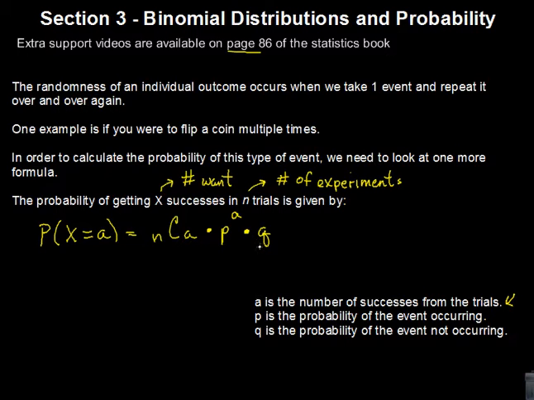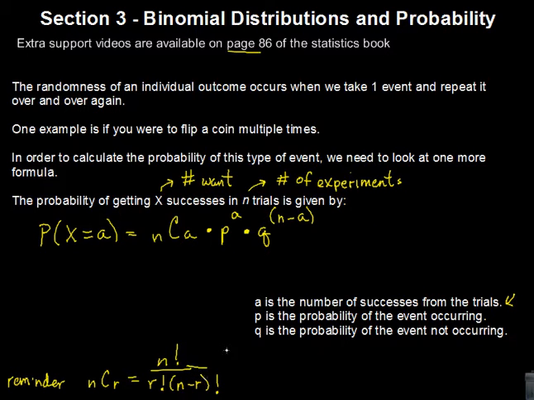Heads is a success, tails is a failure. Does that make sense? That would also be 1/2, but it would be to the number of trials minus our successes. So if we want 25 successes, then it would be 75 over here. Okay? And then just a reminder, if you don't have the calculator that'll do this for you, there's the formula for combination.